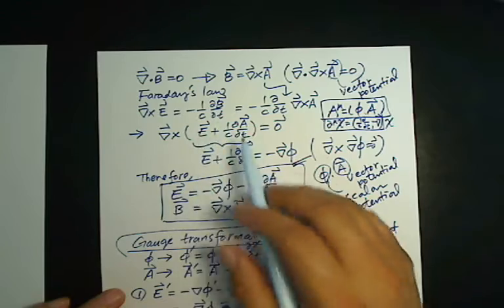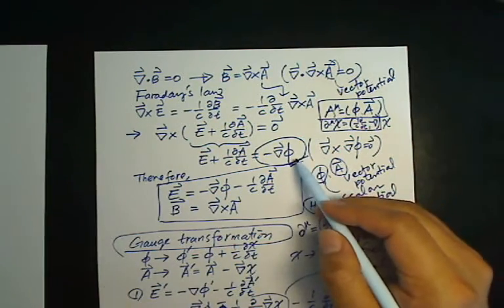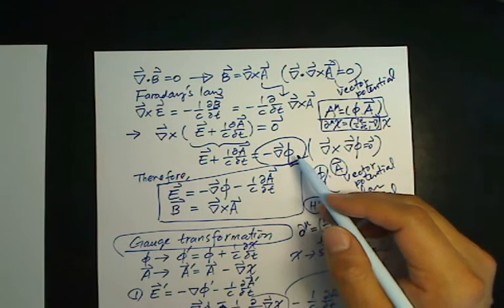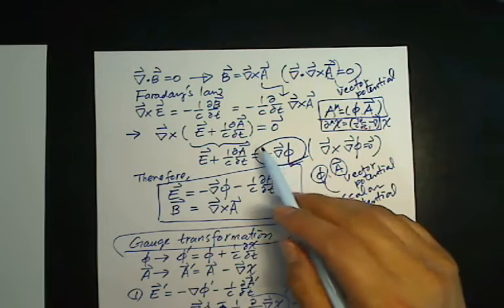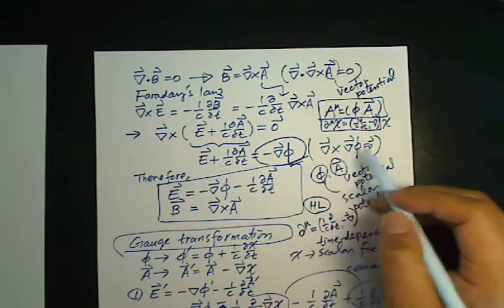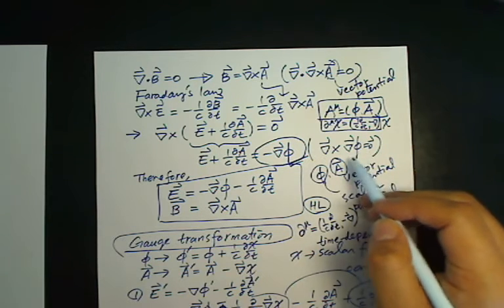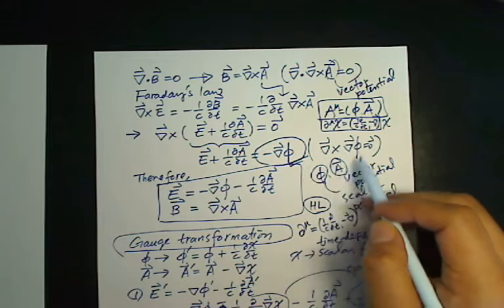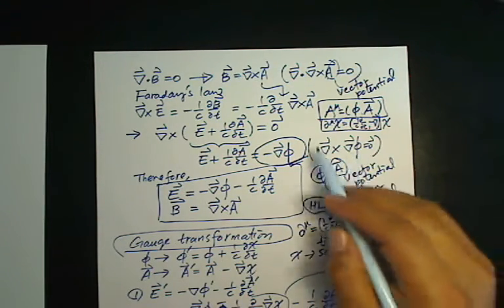if I consider this one to be minus gradient phi, which is a scalar function, and insert it into the curl of a gradient, this one always vanishes. We have checked it explicitly in the vector calculus chapters, so it is exactly 0.